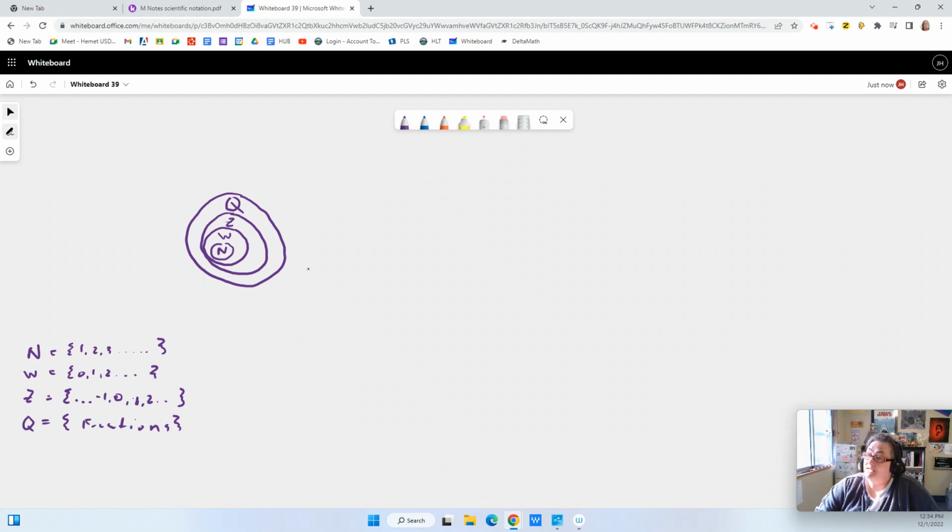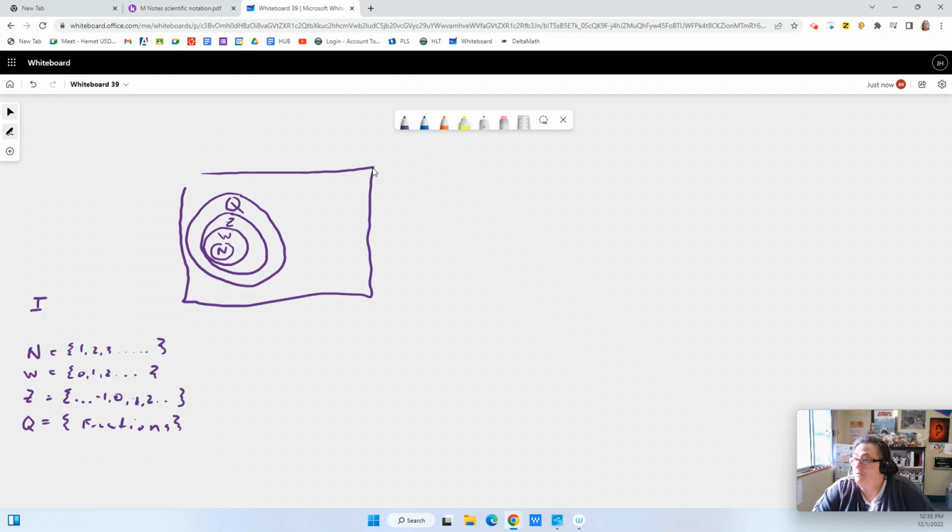And then also we have the irrational numbers like pi and e and the square root of 2, right? So we have our irrational numbers that would fall into what we call the real number system.